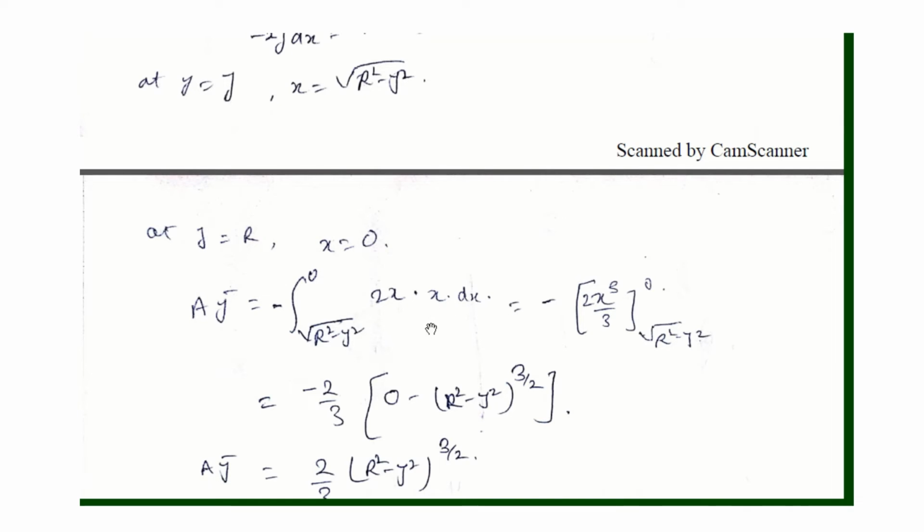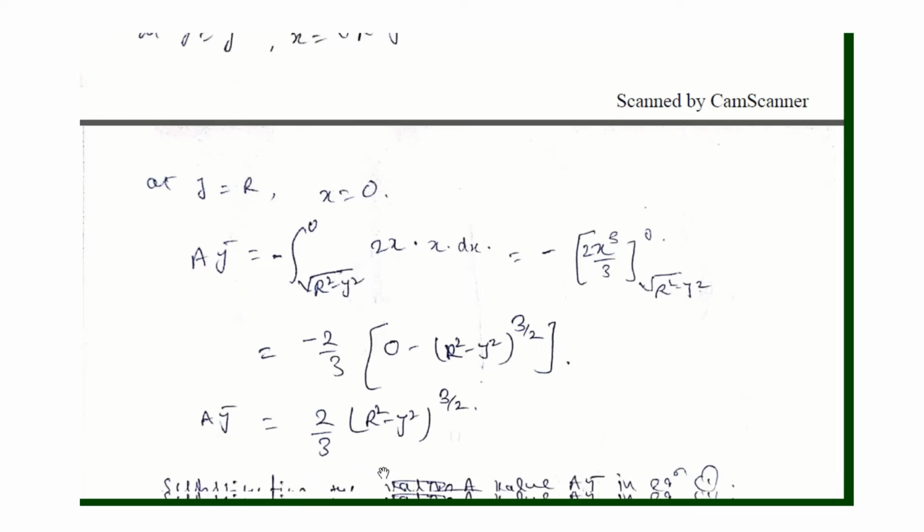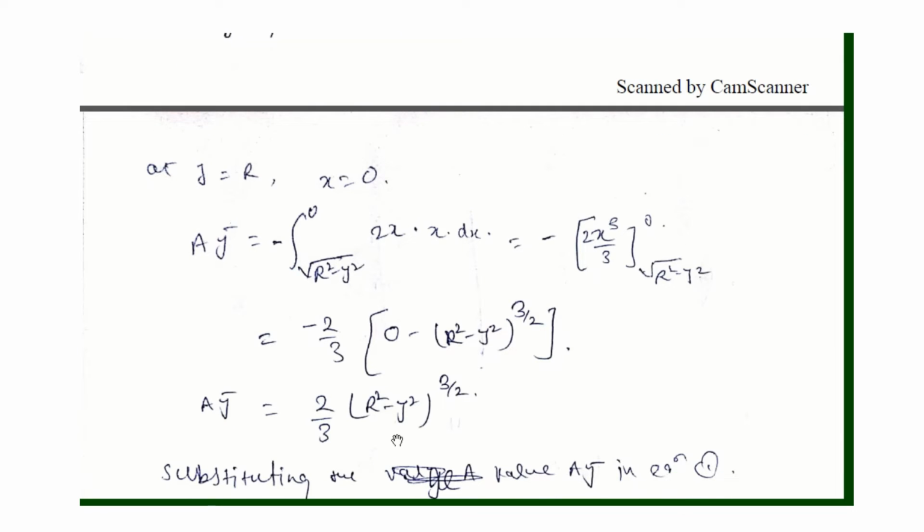The integration of x square is x cube by 3, and the limit is root of r square minus y square to 0. Now put the limits, upper limit minus lower limit. So we get 2 by 3 (r square minus y square) to the power 3 by 2, which is A y bar.